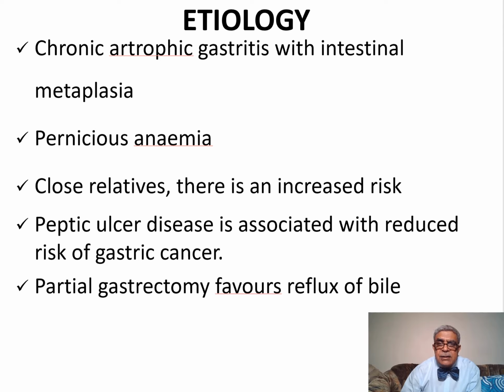Peptic ulcer disease is associated with reduced risk of gastric cancer. But on the other hand, partial gastrectomy, which is performed for peptic ulcer disease, is causing the reflux of bile, which ultimately increases the risk of gastric carcinoma in the residual gastric stump, possibly due to low acid level and due to reflux of bile.